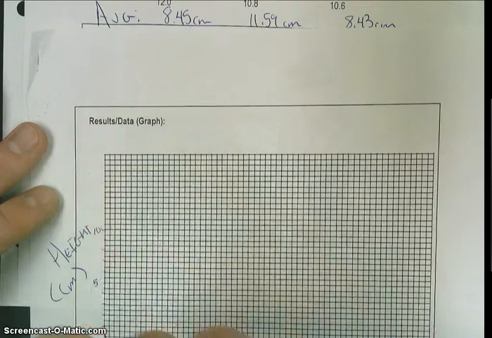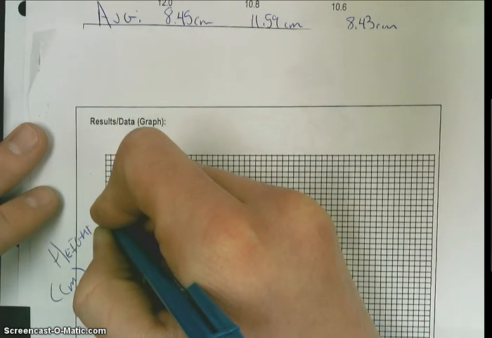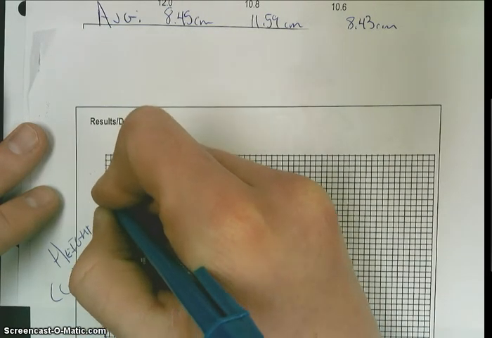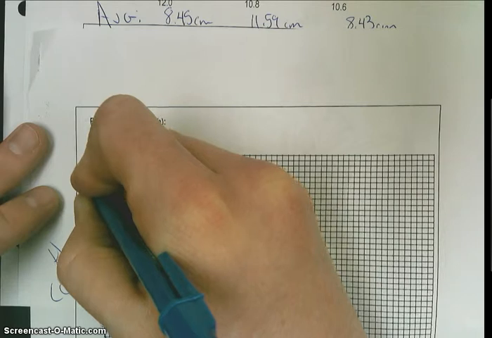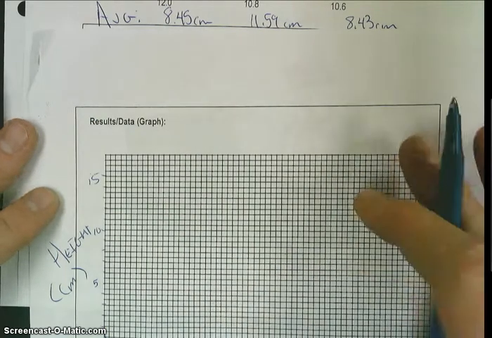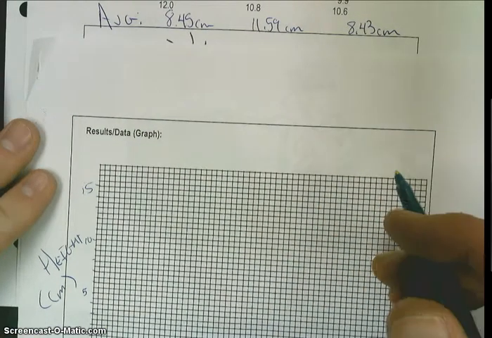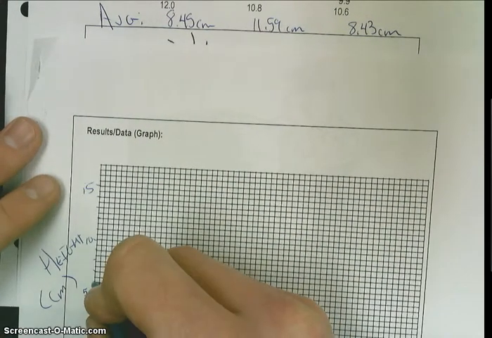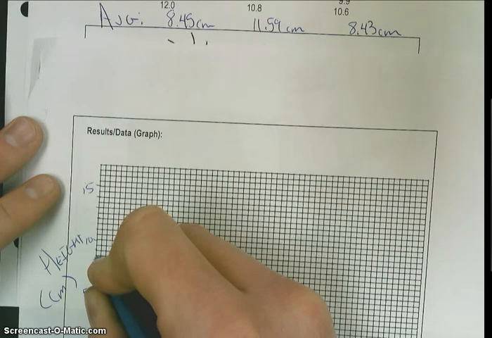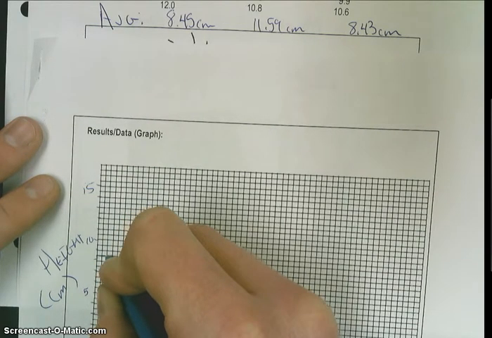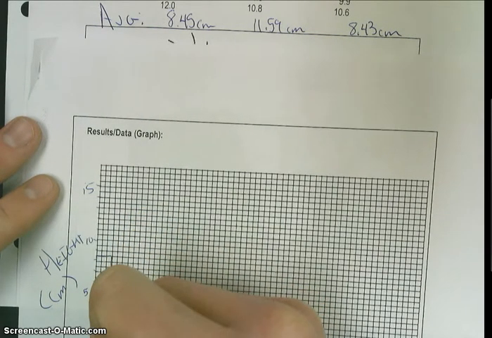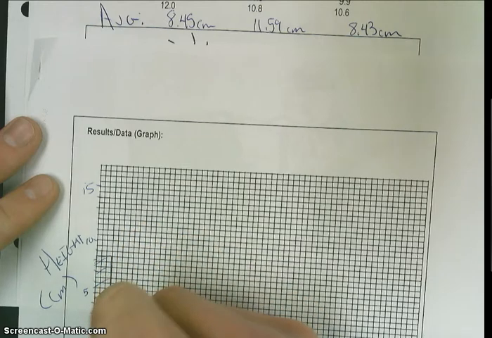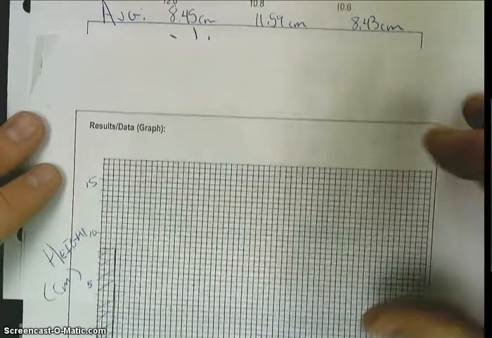This is 10 centimeters, and here's 15. So 0 months we said was 8.43. I'm going to find 5, 6, 7, 8.43 will be right in between here. That's going to be my 0 month compost line.